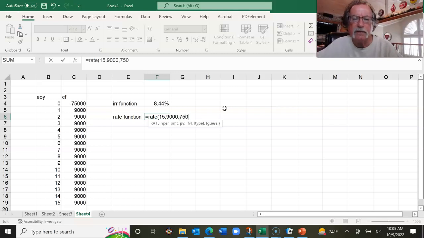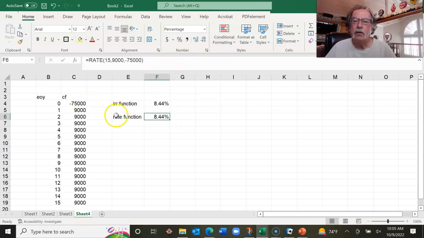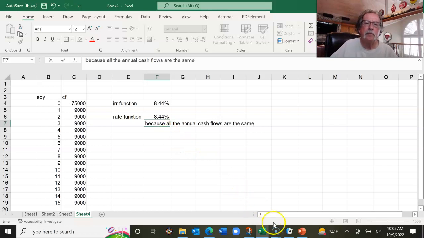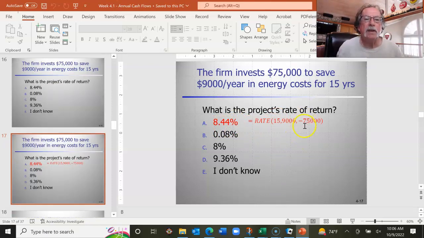If I put in 75,000, it doesn't work. So it's expecting a negative 75,000. So I can use the rate function because all the annual cash flows are the same. So the answer to this is 8.44%, and that's using the rate function.